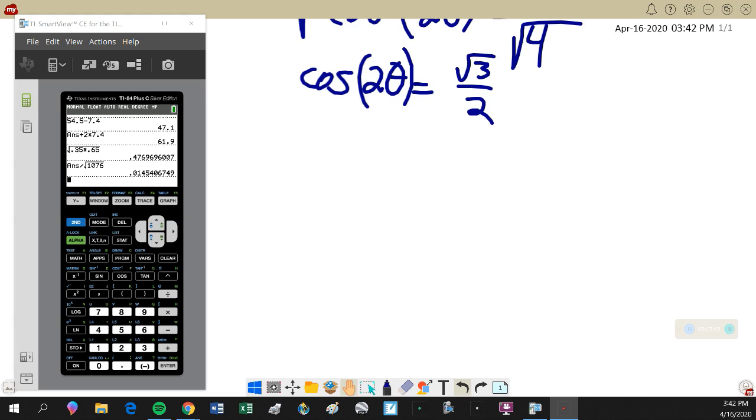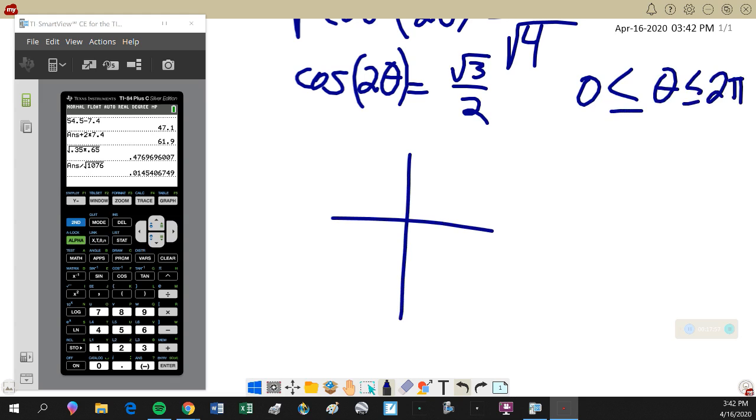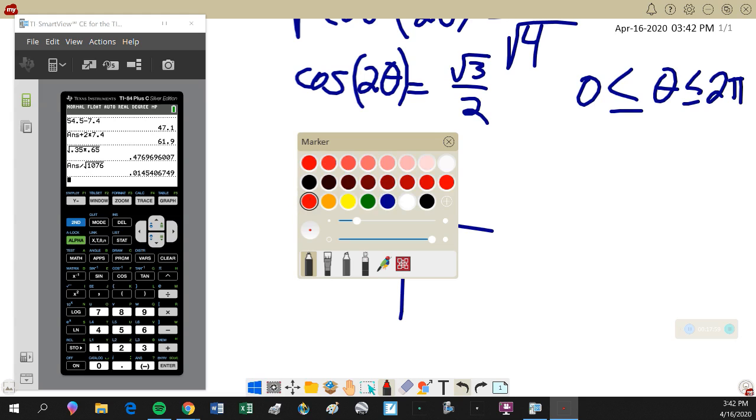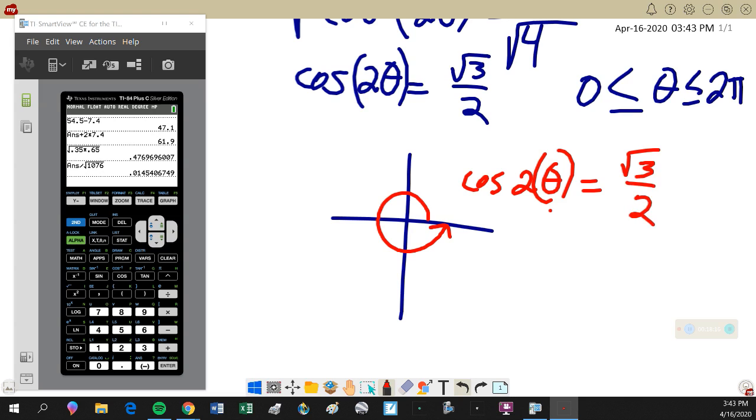Does it give me a domain? Yeah. So my domain is from 0 to 2 pi. So once again, I want to know if I choose an angle within that domain, how many ways are there to double the angle and perform the cosine such that the answer is root 3 over 2?